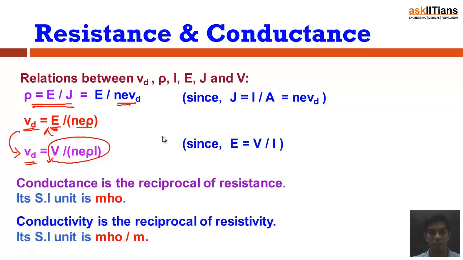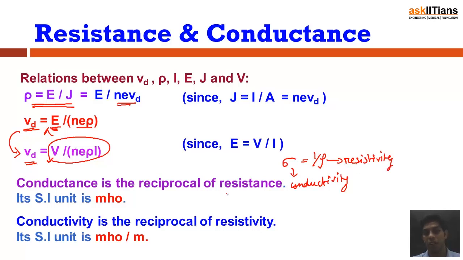Now, as the name suggests, conductance is just the opposite of resistance. Conductance is how good a material is at allowing the flow of electrons, or let's say charges, across or through it. So conductance is the reciprocal. Conductivity is given by sigma, which is equal to 1 by rho, where this is conductivity and this is resistivity.